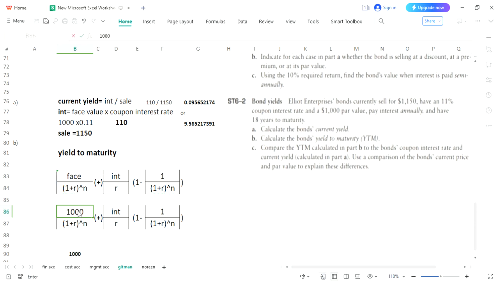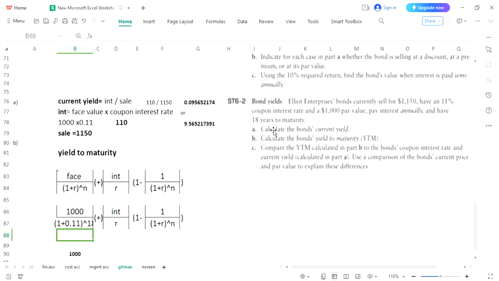We are putting everything again, and then you need 1 plus r. r means 11%, 11 divided by 100 is 0.11. So you will put 0.11 over here, and then you will close the bracket, and the power would be for 18 years. So you will put 18 over here.